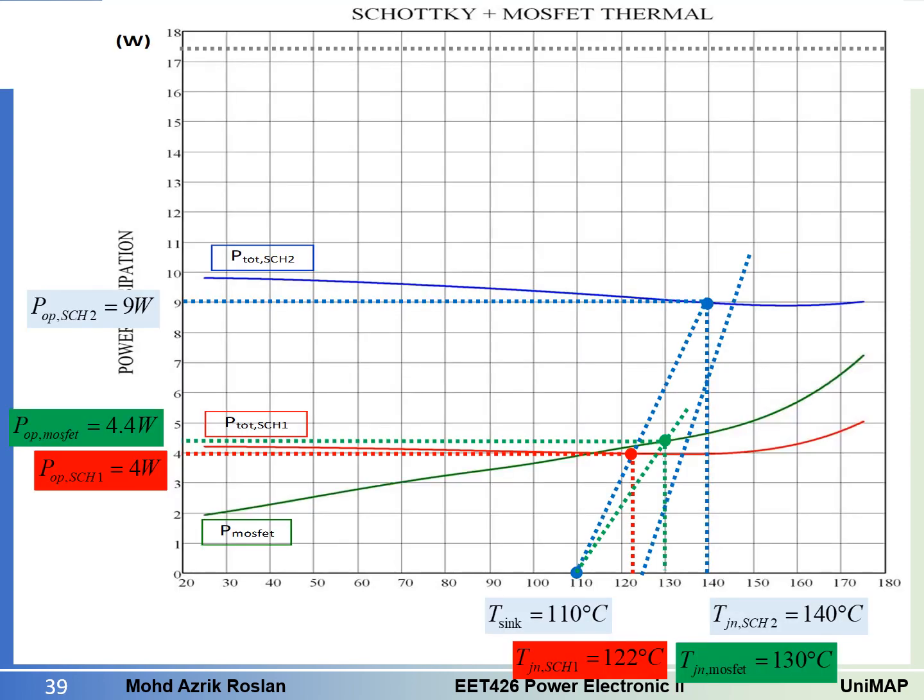If you want to draw it, this is the total power at this particular point, and then you connect it to the ambient temperature of 35 degrees C, and this is the curve or the slope of the RTH sink to ambient.